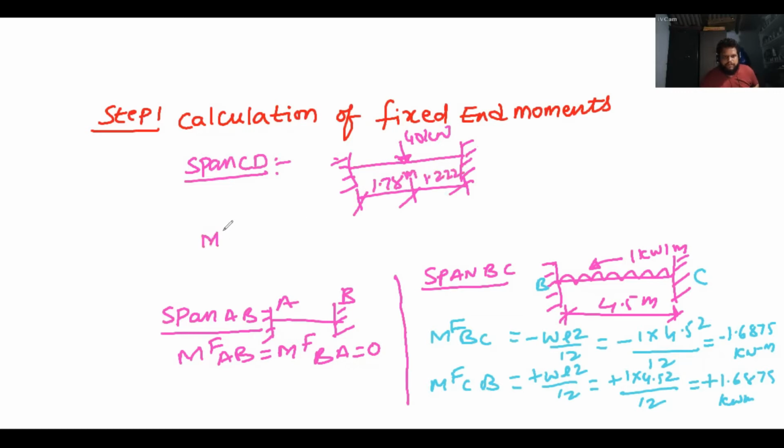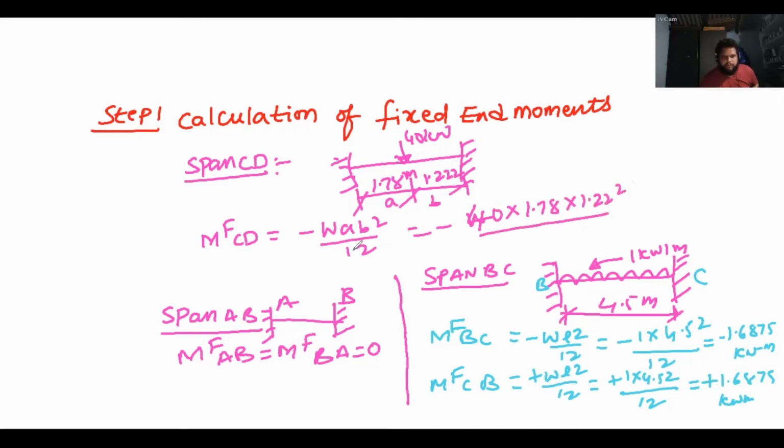So now MFCD will become minus W A B square by L square, not 12. This is A and this is B. W is 40, A is 1.78, B is 1.22 square, and L is 3 square.